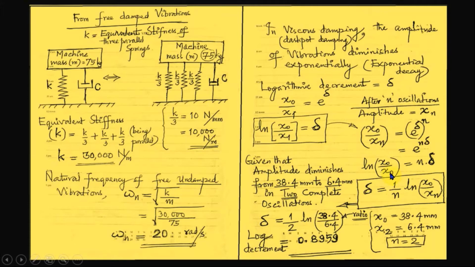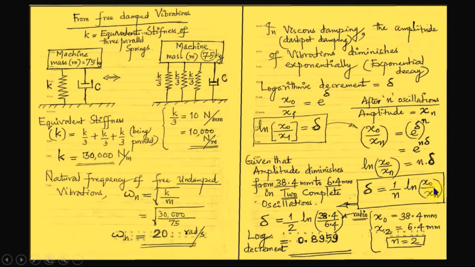And if you take the natural log of this, you will get ln x0 by xn is equal to n into delta. So you have an important relation like this representing the connection between the initial amplitude x0 and the amplitude after n oscillations xn.